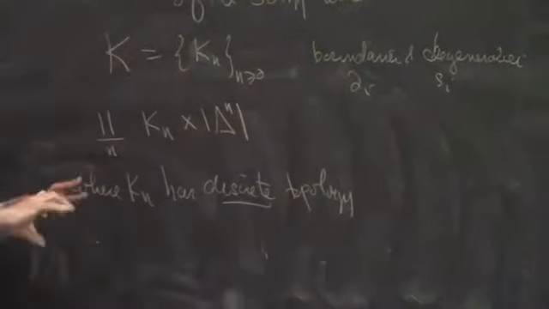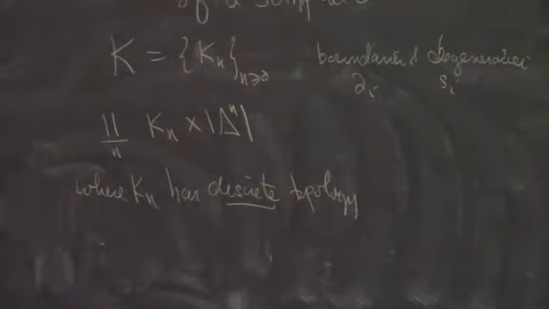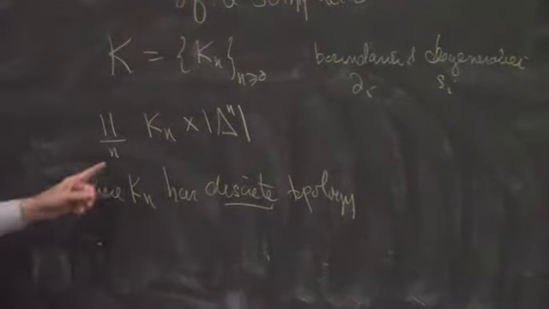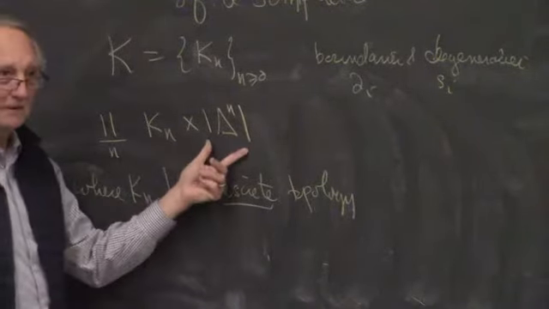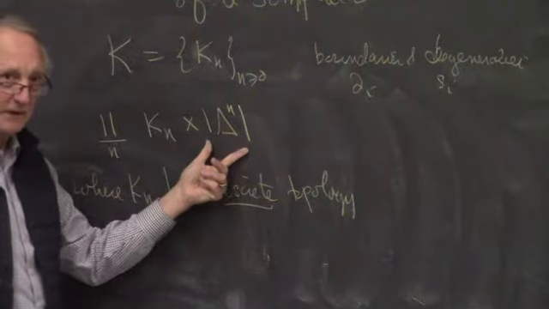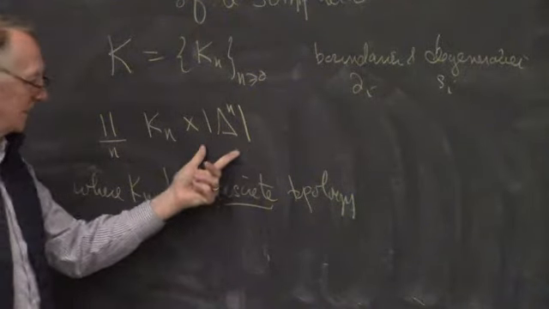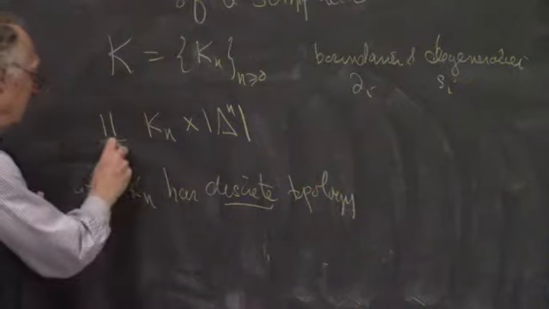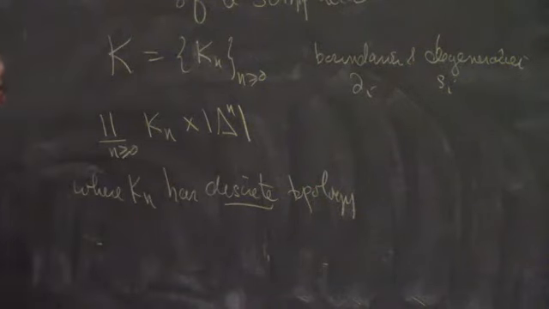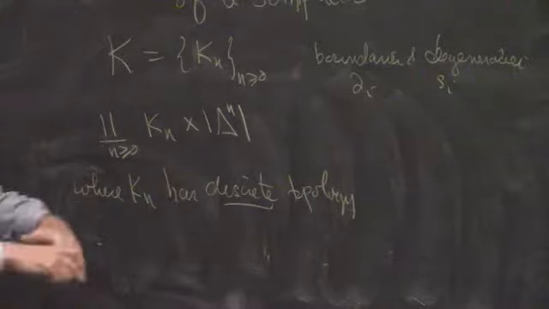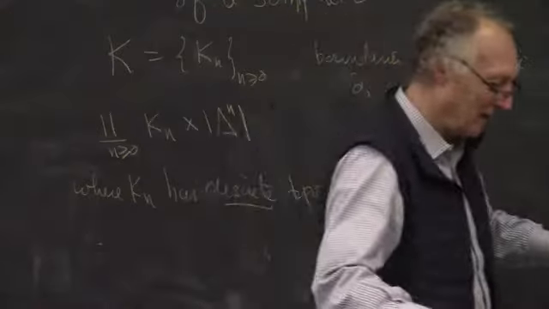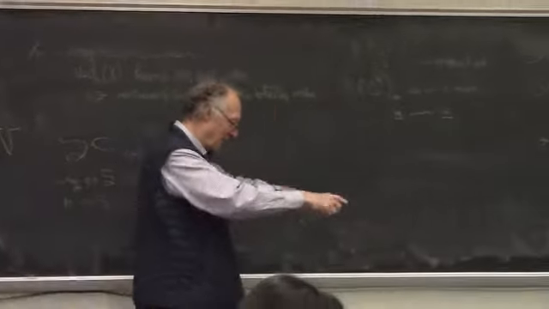It's just some spray of discrete points. And for each one of those points, you have a copy of the geometric n simplex. And you do this for every n. Okay. Now this is just a spray of actual geometric simplices spread out.